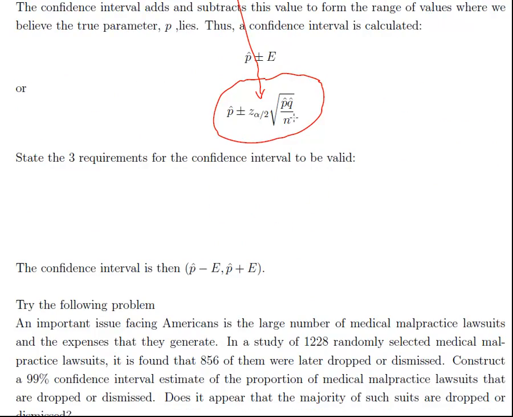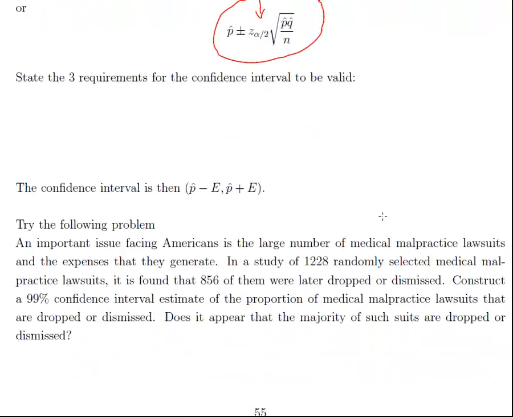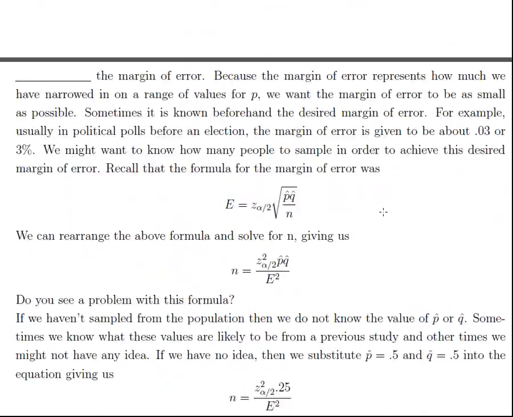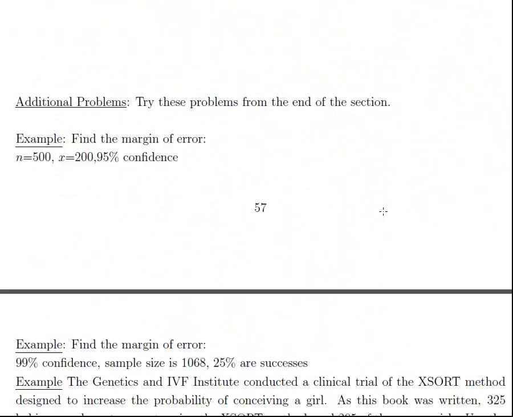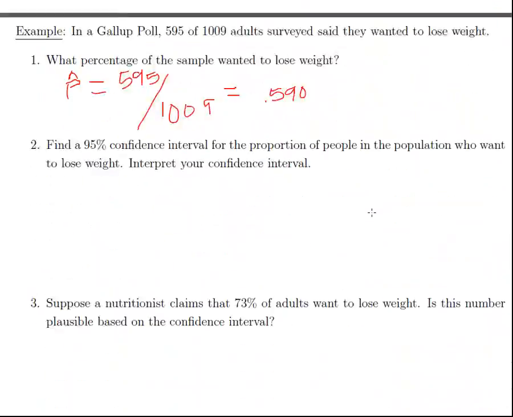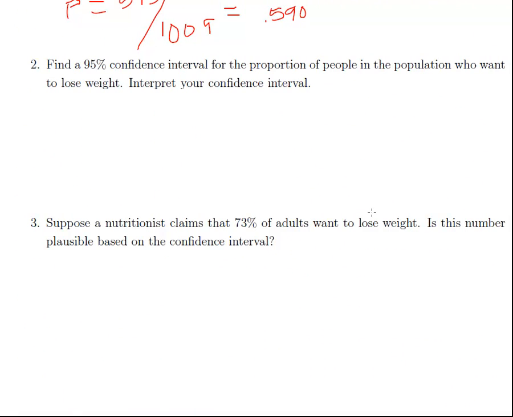So we're going to use this formula and put 1.96 into the formula there. Q hat is just 1 minus p hat. So 1 minus 0.590. That would be 0.41.